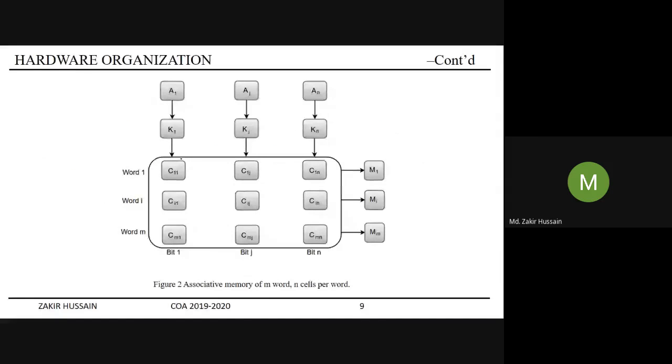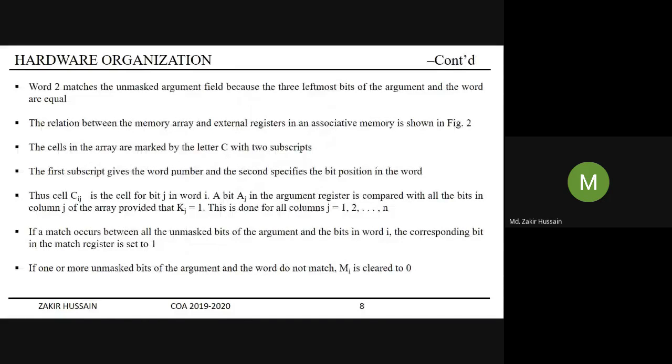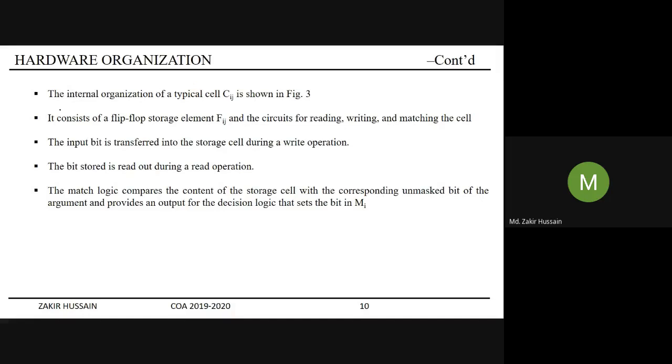Now, what we are focusing on is the internal organization of a typical cell, Pij, shown in the figure that we have seen already. It consists of flip-flop storage elements, that is Fij is one flip-flop, and circuits for reading, writing and matching cells.